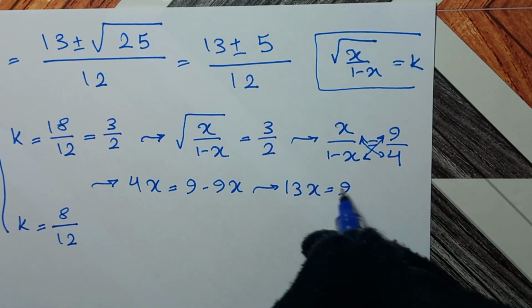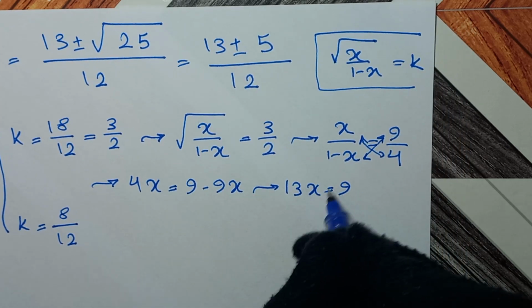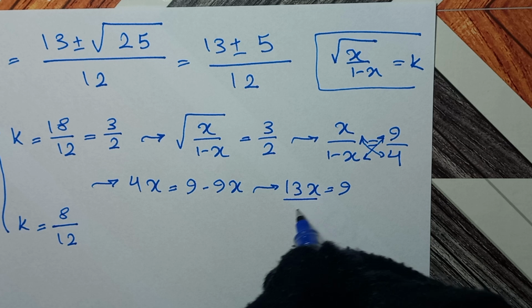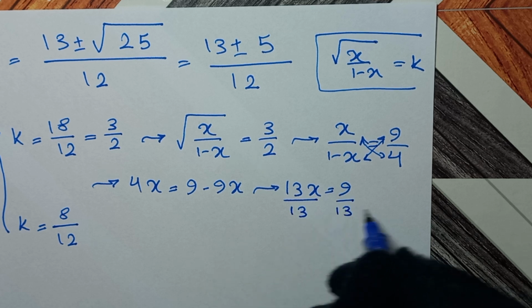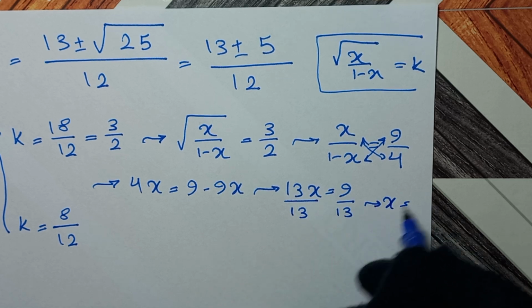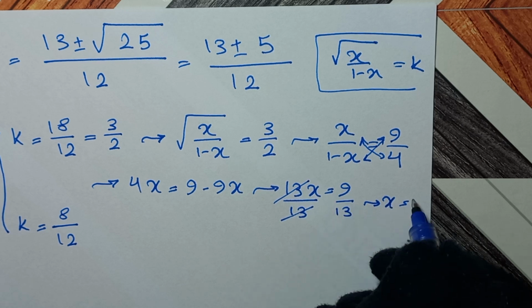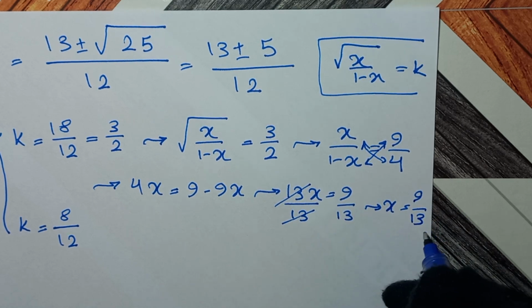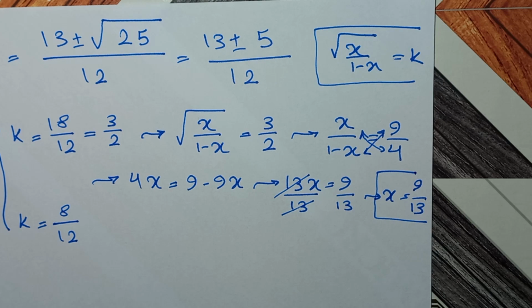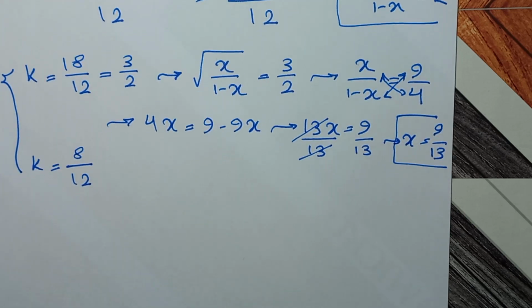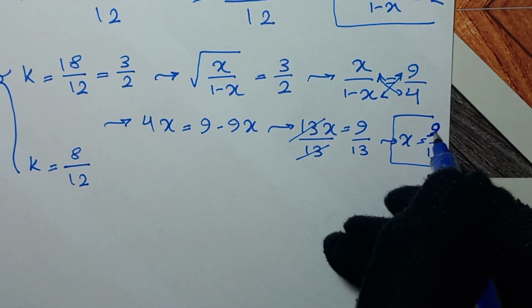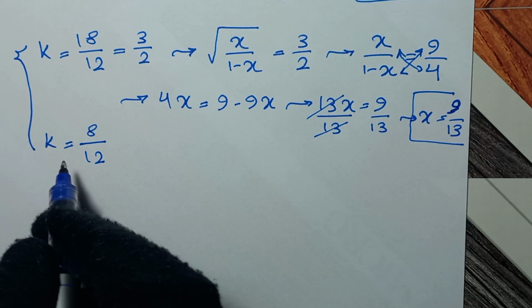And we divide both sides of the equation by 13, so x is equal to 9 over 13, right? So this is our first answer.